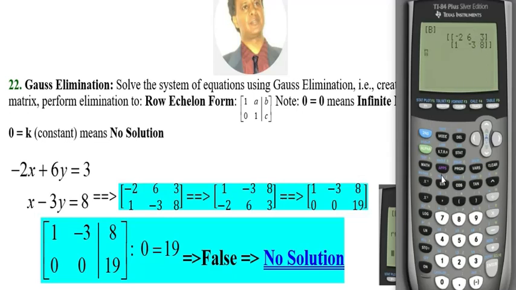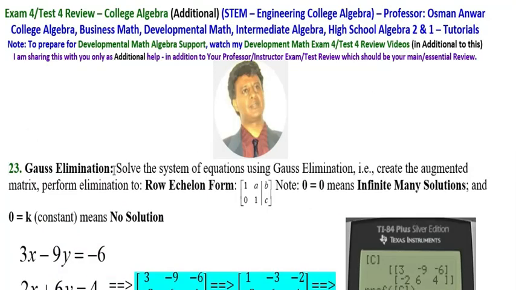Then do second matrix, math, ref, second matrix, call B, close it, hit enter, and that is 1, 0, minus 3, 0, 0, 1. And that is X times 0 plus Y times 0 equals 1, which is 0 equals 1, which is false. That means no solution.